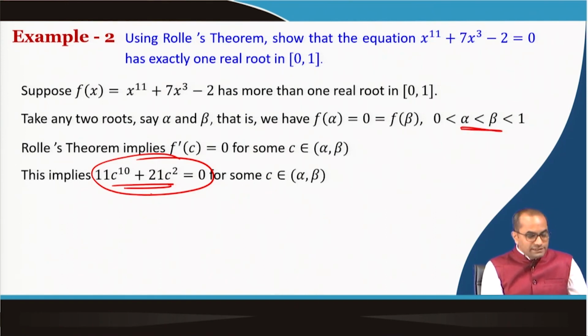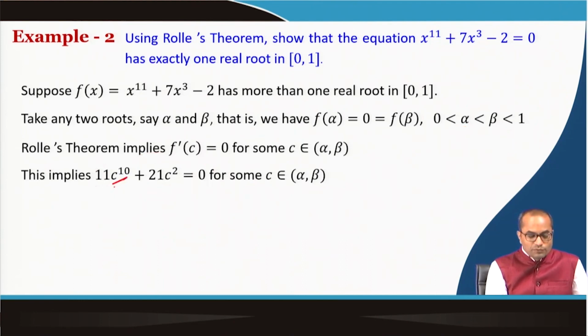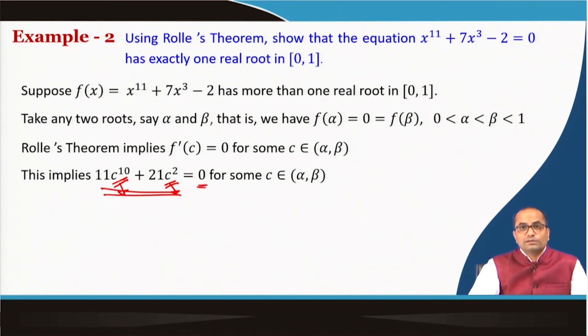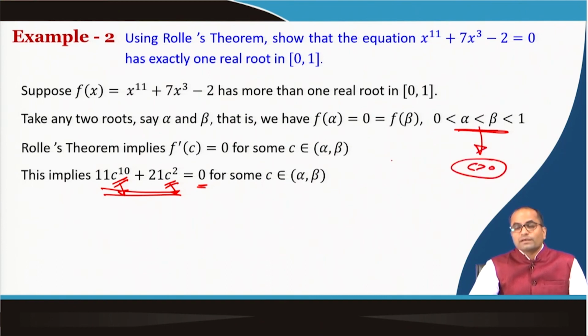As you can see, c^10 and c^2 for non-negative c are not going to give 0; this is 0 when c is 0, but our c is somewhere between alpha and beta, so c is definitely greater than 0. So, this 11c^10 plus 21c^2 cannot be equal to 0 for any c.